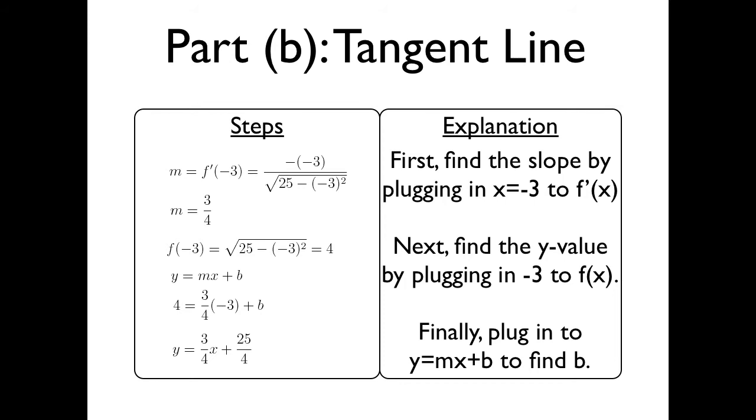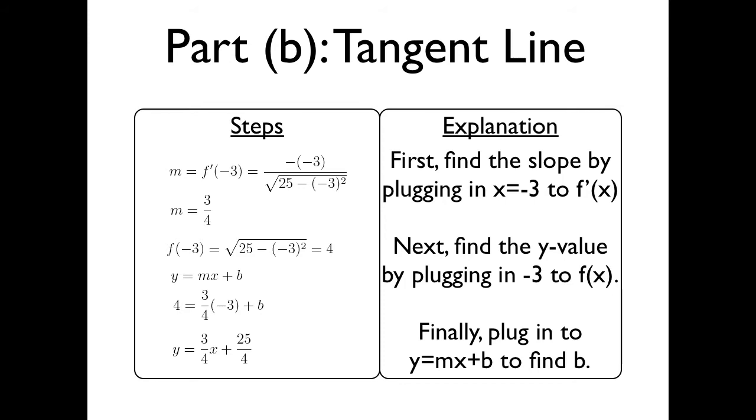My third step, or my final part of this problem, is to find the equation of the tangent line. You can use either y equals mx plus b form, or you can use point slope form. I tend to teach it this way, so I'll use y equals mx plus b, slope intercept form.